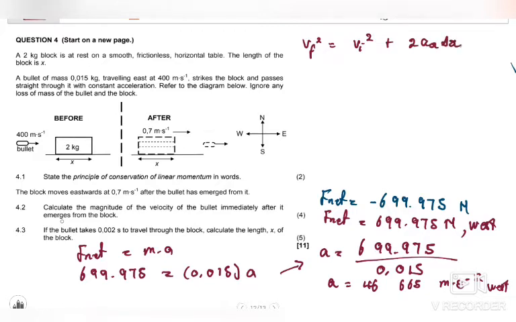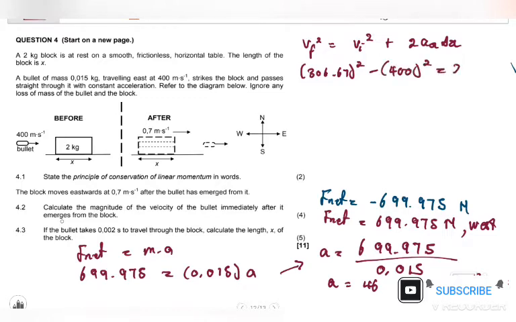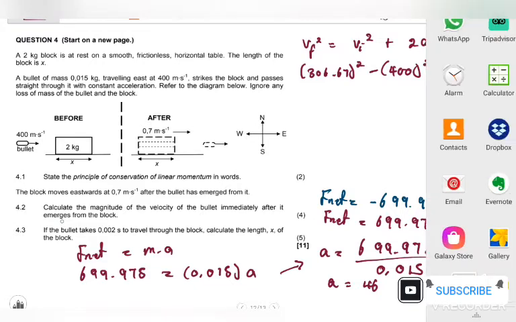So v final, which was 306.67, squared, minus v initial, 400, squared, is equal to 2a, 46,665, multiplied by the change in x. Let's bring up our calculator.